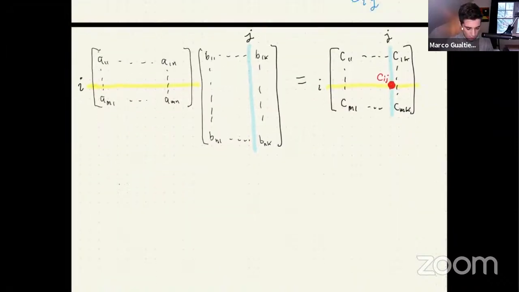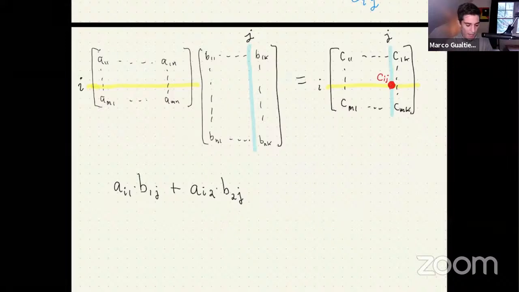So, just to emphasize it even more, if I take the ith row and the jth column and multiply them like this, do their dot product, A_i1 B_1j, A_i2 B_2j, and this is just multiplication in the field.